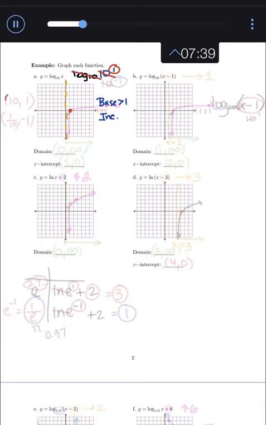What that means is you'll go through the point (10, 1). So over here, if I were to go all the way up past the graph, we'd go over to 10. So we have 1, 2, 3, 4, 5, 6, 7, 8, 9, 10. And then we go up to 1, if we continued our graph.